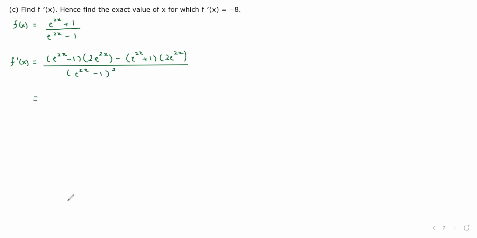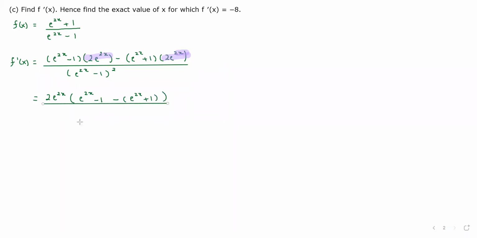If you look at the numerator, you will see that you have 2e to the 2x, 2e to the 2x, which we can factor. So we factor 2e to the 2x. Then you are left with e to the 2x minus 1 minus, then we have e to the 2x plus 1.